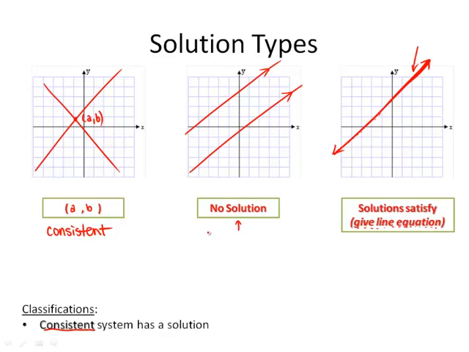The second one is inconsistent, because it has no solution. And the third one has a solution. It actually has an infinite number of solutions, but as long as it has a solution, it is consistent.